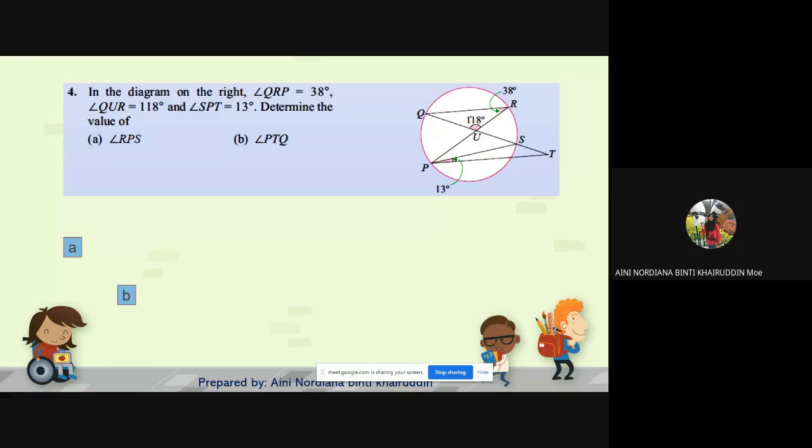Okay, question 4. In the diagram on the right, angle QRP equals 38, QUR equals 118, and SPT equals 13. Determine the value of angle RPS.